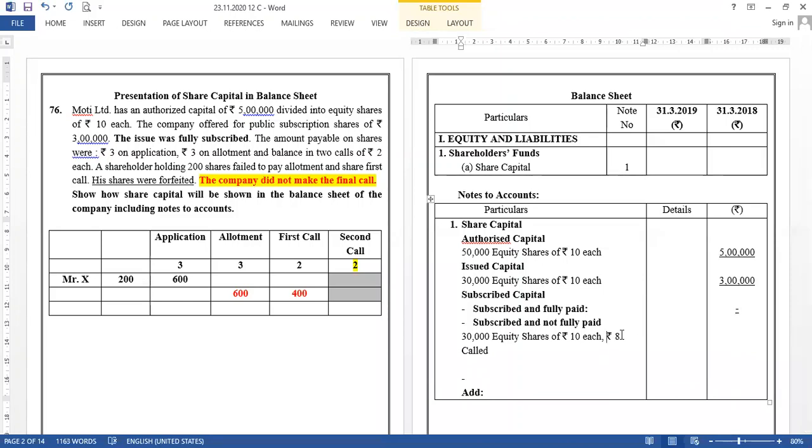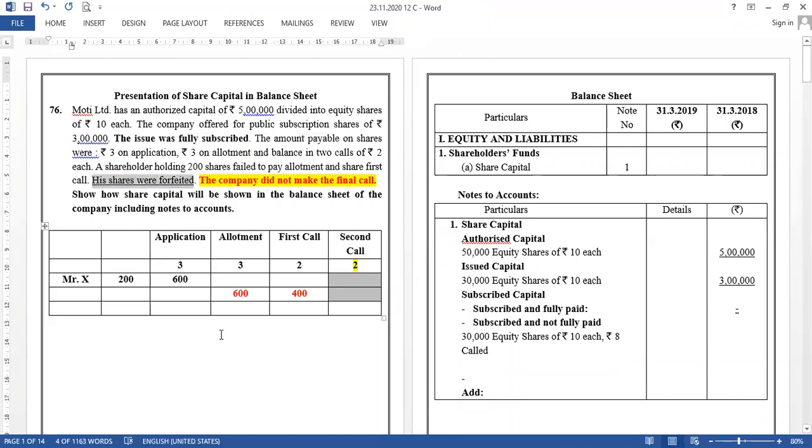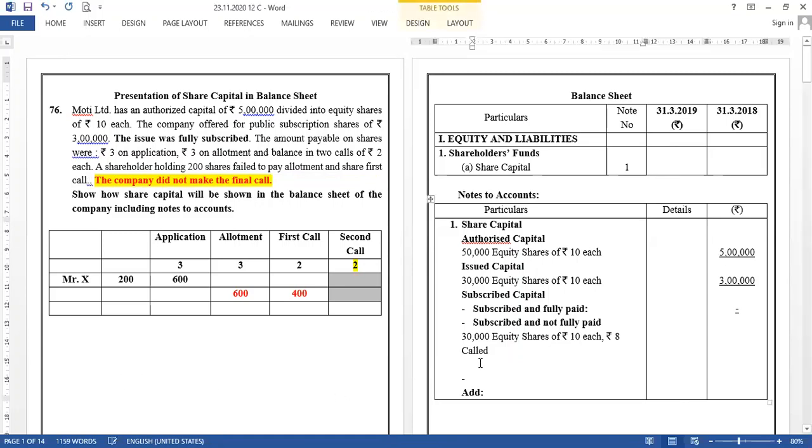Now, most important thing over here, if this statement was not there, ये वाला जो statement है, I just delete it. ठीक है, his shares were forfeited. अगर ये नहीं होता तो we were supposed to write 30,000 shares over there. Okay, and less over here, less calls in arrears. ठीक है, calls in arrears can be seen as 600 plus 400, right?